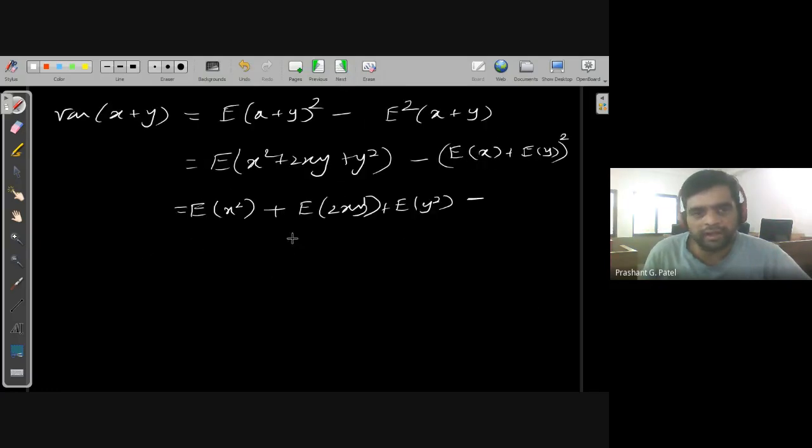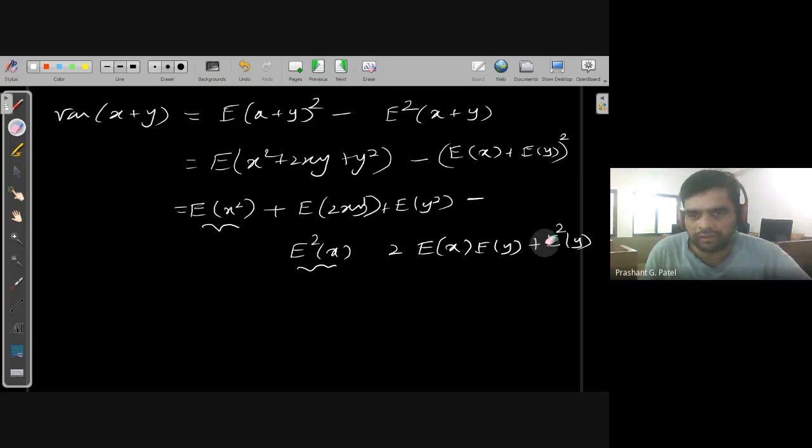This is expanded, that is, minus E square X plus 2 times E of X into E of Y plus E square Y. So all these quantities have a minus sign.